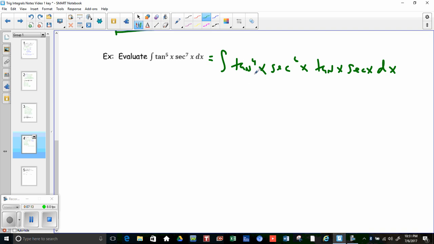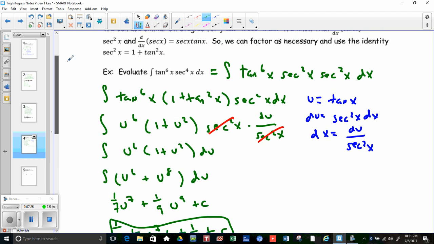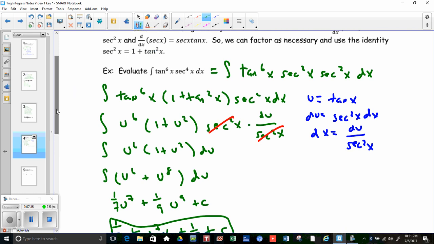And if we're going to use secant x as our u substitution, we want to put everything here in terms of secant. So tangent to the fourth can be rewritten as tangent squared squared. But we know from up here that if we take this identity right here, secant squared equals 1 plus tangent squared, and solve that for tangent squared, we get tangent squared is the same thing as secant squared minus 1.